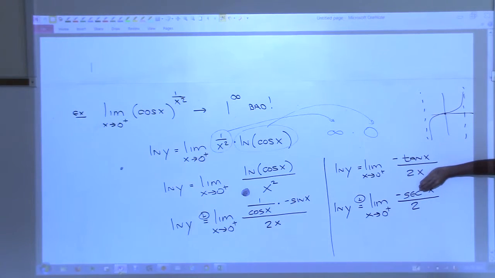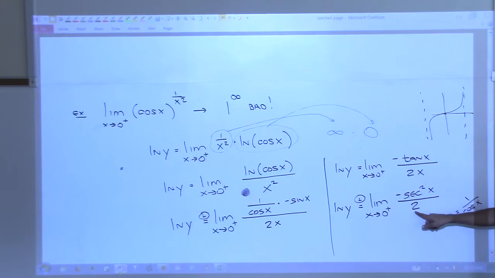We'll wait on the squared. What's secant of 0? 1. Right? Because remember, secant is 1 over cosine. So if I plug in 0 here, cosine of 0 is 1, 1 over 1 is 1. So secant of 0 is 1, squared, 1, negative. And then 2 on the bottom, right? So we get negative 1/2.